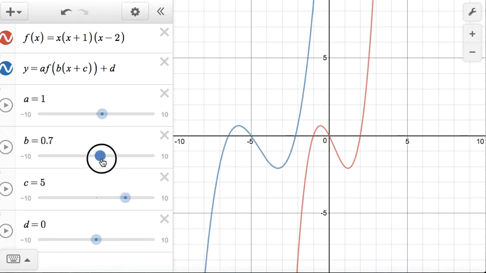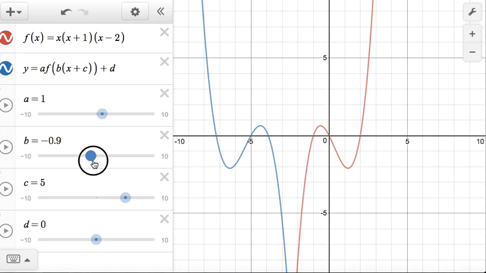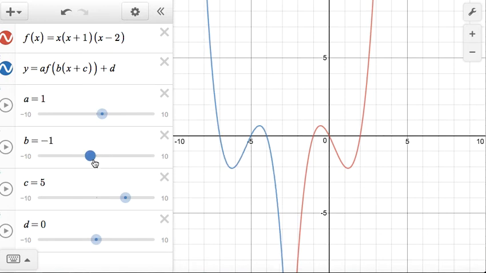Well, now if I make b negative, and to make my life easier, I'll make it negative 1, we again see that we get a reflection, but this time it's not reflecting across the y-axis, it's reflecting across the newly transformed y-axis, which is the line x equals negative 5.